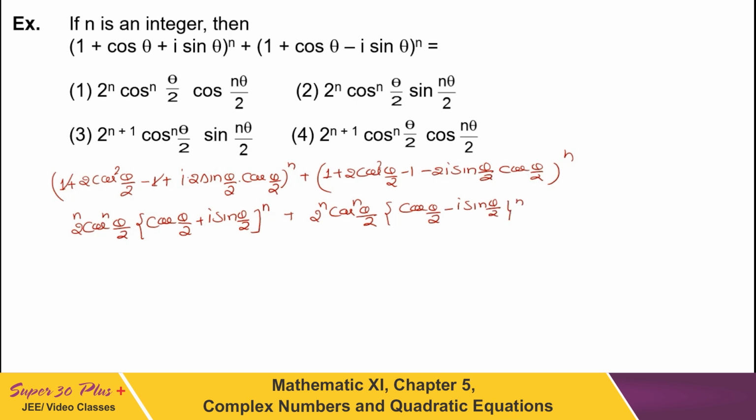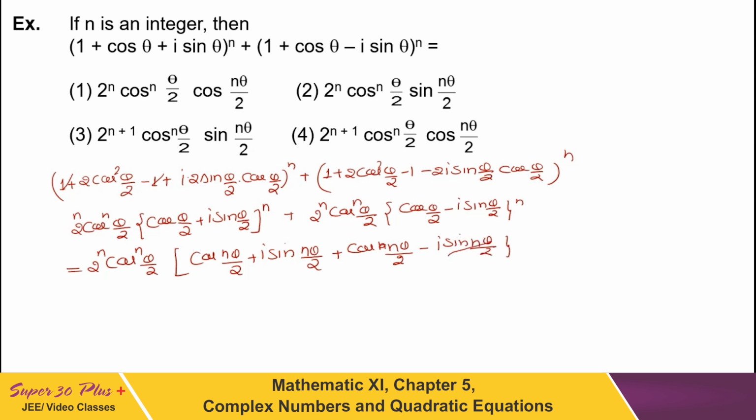Now we are going to apply De Moivre's theorem here. It will be equal to 2 to power n cos to power n theta by 2 as a common factor, into (cos n theta by 2 plus iota sine n theta by 2 plus cos n theta by 2 minus iota sine n theta by 2).